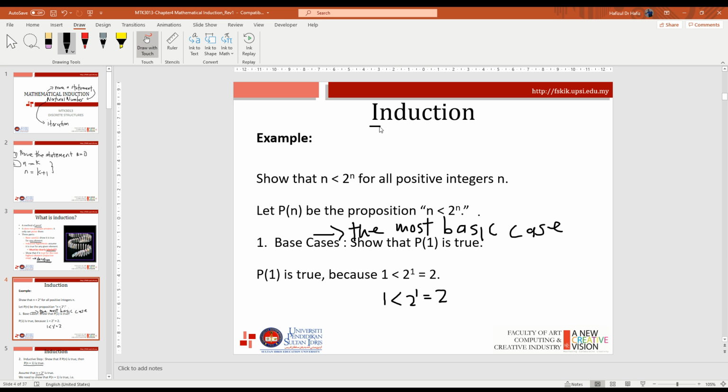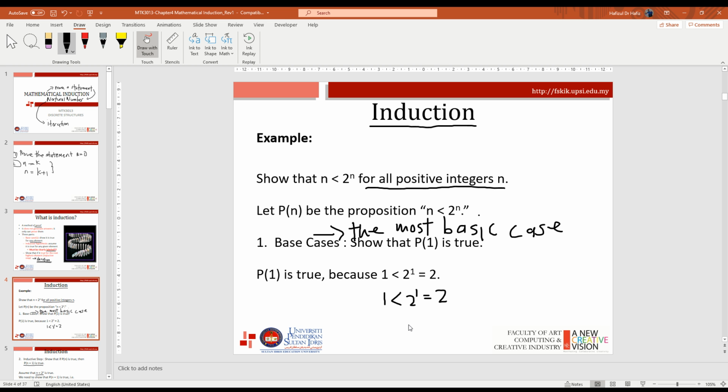For example, for the induction, they have three steps. First one, show that n is less than 2 power of n for all positive integers n. Let P(n) be the proposition that n is less than 2^n. And then the most basic case, show that P(1) is true. So we replace n by 1, and then we can find that 1 is less than 2^1, which is equal to 2.